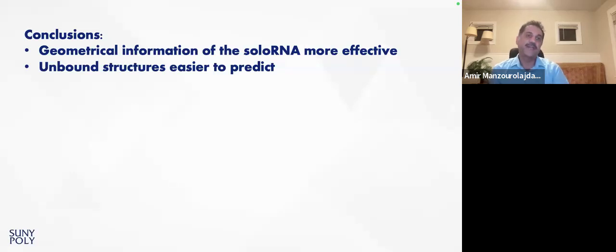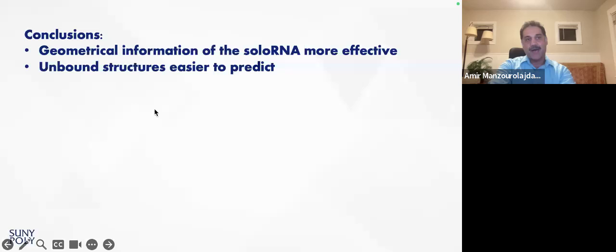So in other words, the geometrical information we learn from other riboswitches may not be as useful in finding a novel riboswitch, which is not great. That means known riboswitches don't give us a lot of information about a novel riboswitch. Every riboswitch is very different. And we've seen that in a different way in our results here.